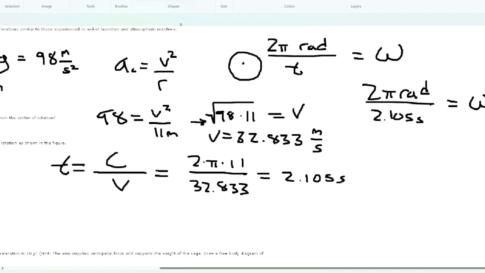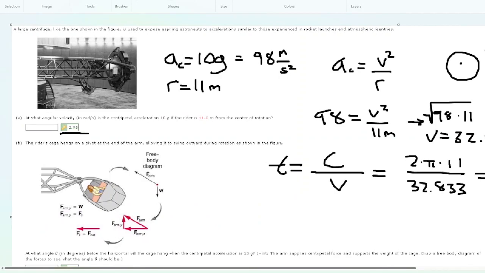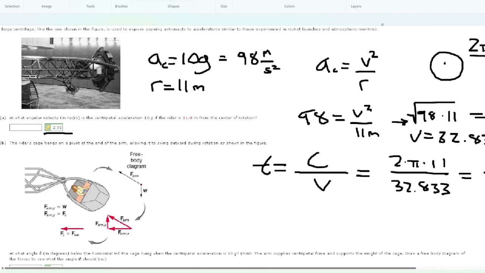The units are going to be radians per second. 2 times pi divided by 2.105 gives us 2.985 radians per second. Let's see, is that our answer? Oh snap, would you look at that? We got the right answer. That's pretty cool.